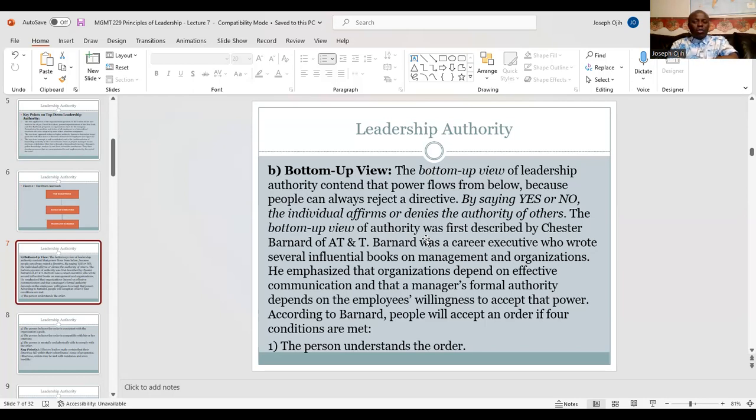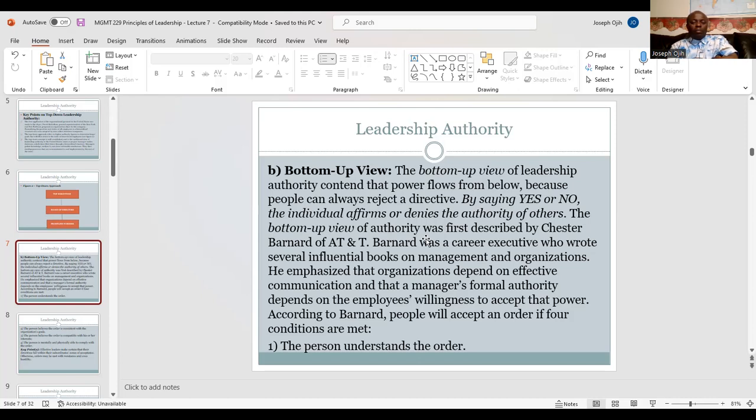So by saying yes or no, the individual affirms or denies the authority of others.